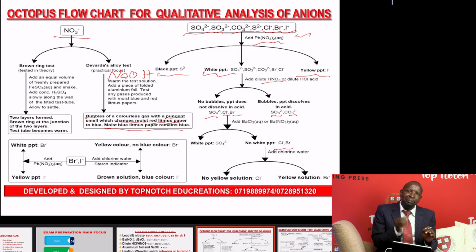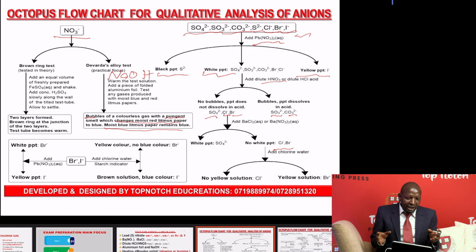So the marking points here: bubbles of a gas, tick, have a mark. With a pungent smell, tick, have a mark. Red litmus paper changes to blue, tick, have a mark. And blue litmus paper remains blue, tick, have a mark. That is the marking scheme in that particular question, and that is how you're going to score 2 marks.